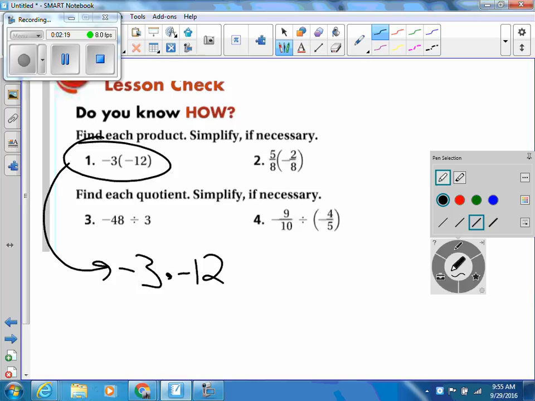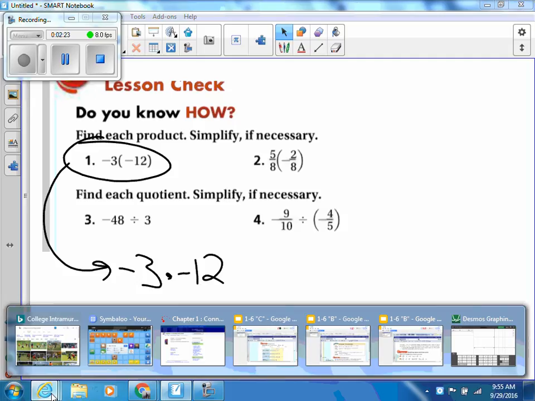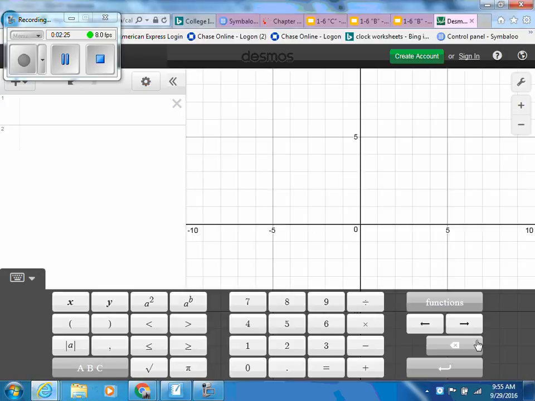Then use your calculator: -3 times -12, survey says 36. Right? There's my answer.